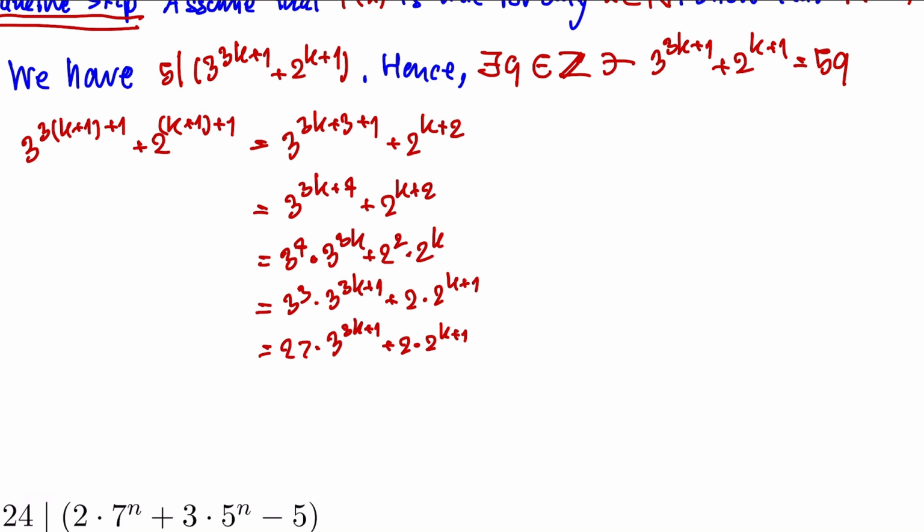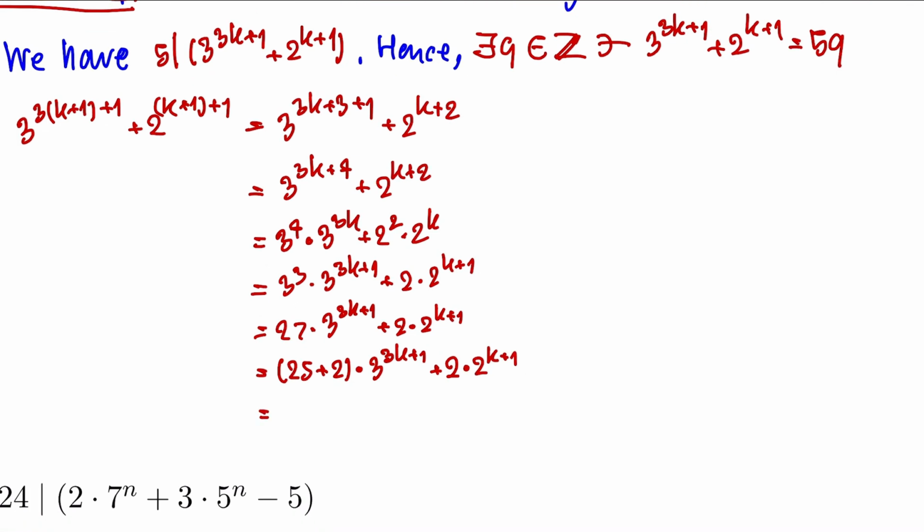Let me think. So I have 27 here. So I have to partition 27 into 2 and 25. So we're going to have 25 plus 2 times 3 raised to the 3k plus 1 plus 2 times 2 to the k plus 1.